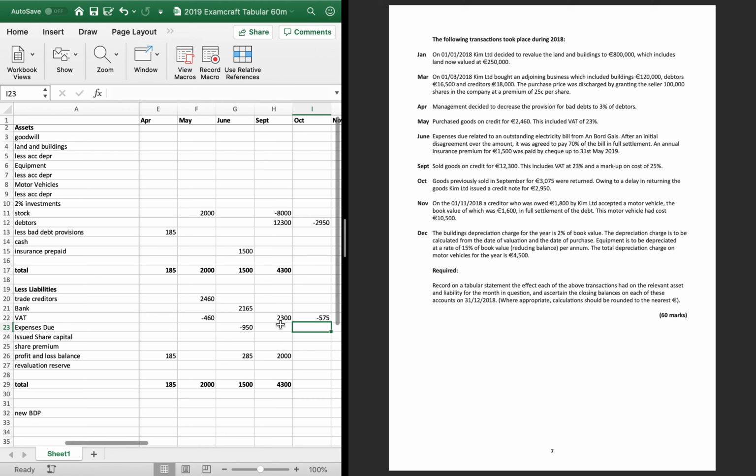Now, sales returns is like purchases, it reduces the VAT liability. So if we increase VAT with sales, we decrease VAT with sales returns. So that gives us, I'll just do it as nearly a working down here, 3,075 minus 575 gives you 2,500.